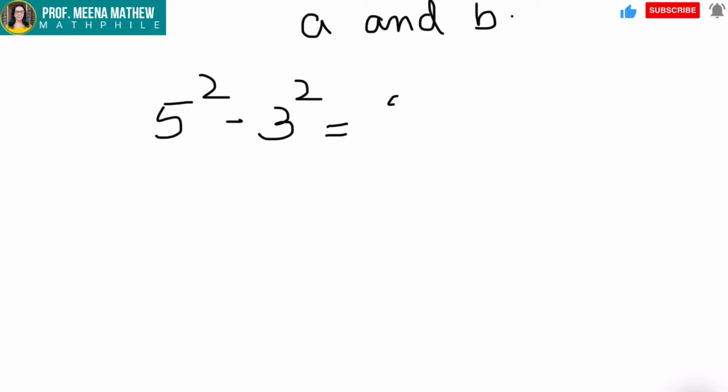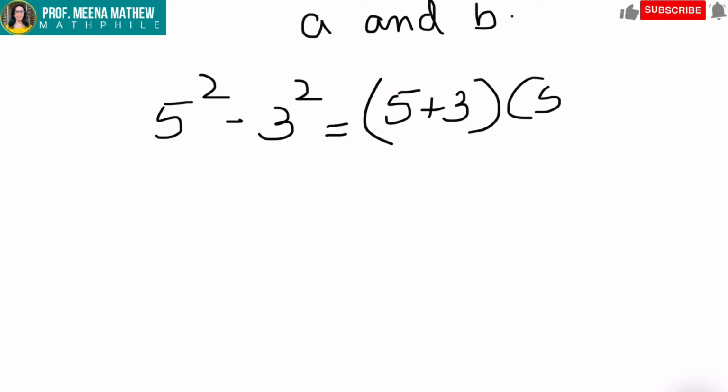I will show you one example with a number, that is 5 square minus 3 square, that is square of 5 minus square of 3 equals sum of 5 and 3, that is 5 plus 3, times difference of 5 and 3, 5 minus 3.